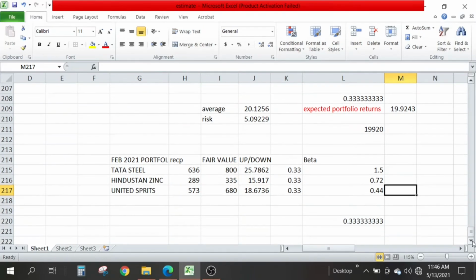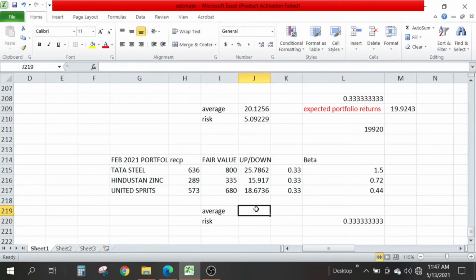Now the most important thing is we have to find the average and risk. Now how we will find the risk and how we will find the average?